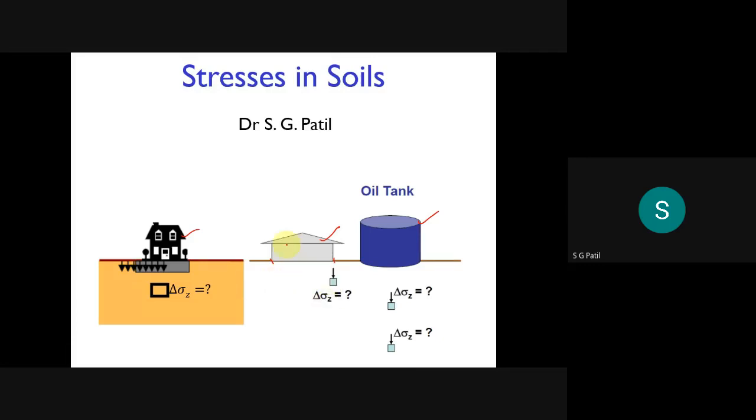Due to construction of these structures, what is the stress increase in the soil below the footing? That is called delta sigma z. The main objective of this chapter is to find out this delta sigma z, and how you can find it out.